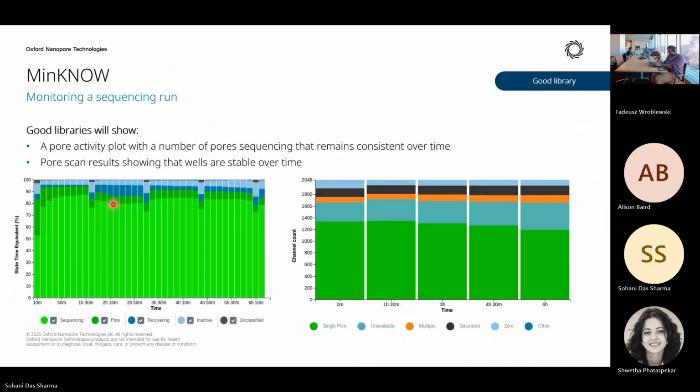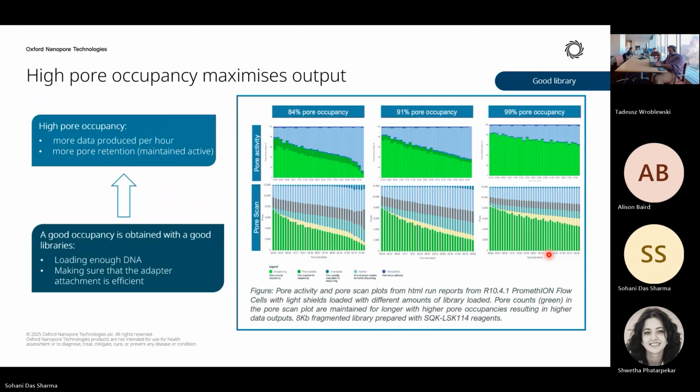Lots of pores are active, sequencing, with very few inactive pores, very little saturated, very few multiple. So the green color portion is higher here. So this is a good example.